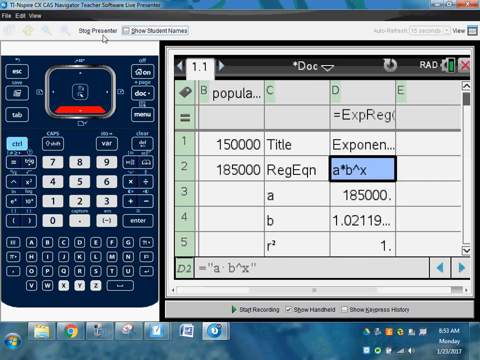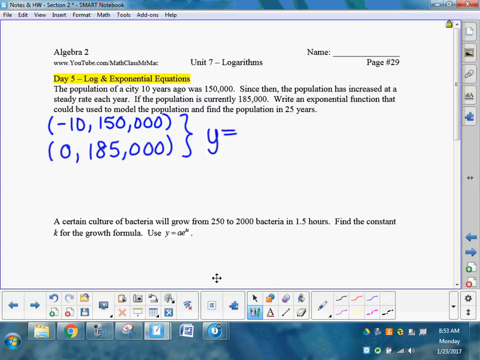So if we did this out, what would the exponential be? Philip, we round it to the thousandth position. Hang on, y equals what? Give me the full equation.